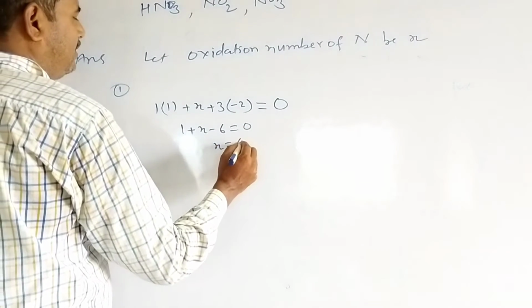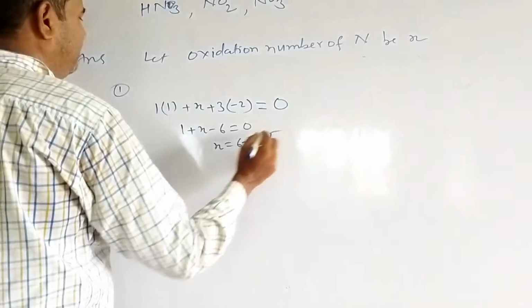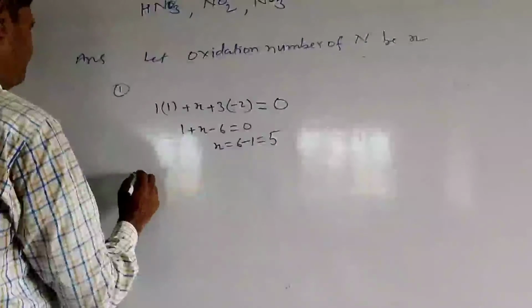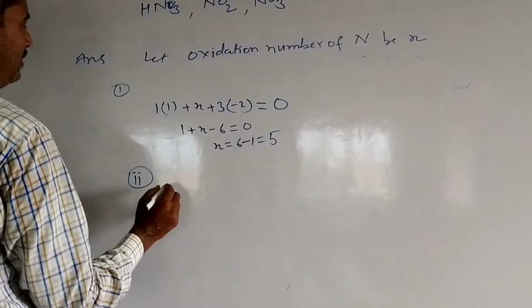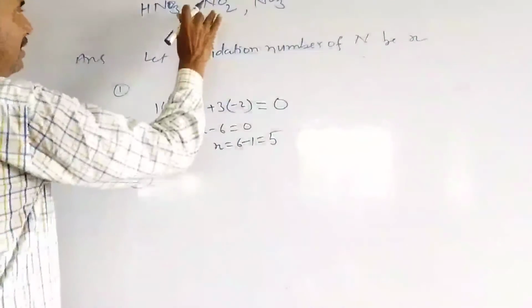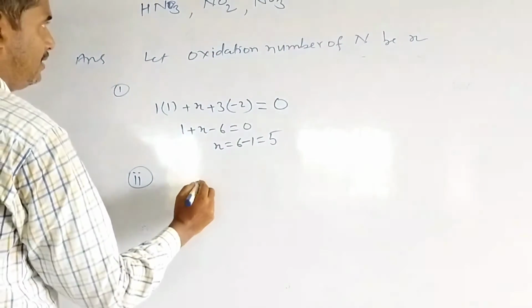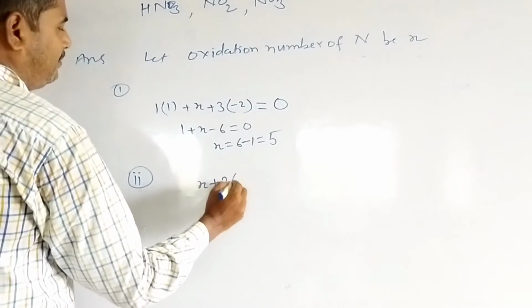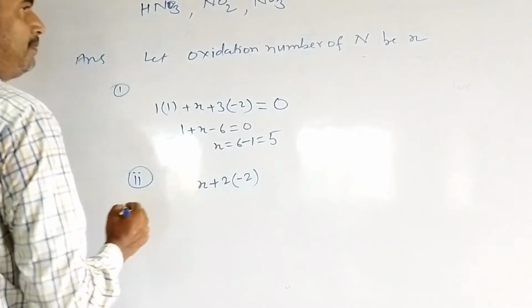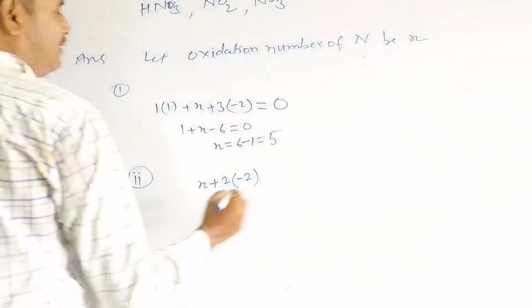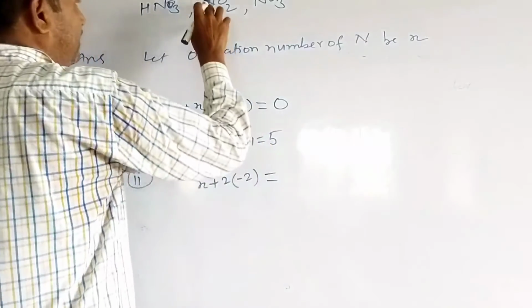X is equal to 6 minus 1, that is 5. For nitronium ion, here there is a single nitrogen, so X plus 2 times oxidation state of oxygen, -2, is equal to the charge present.